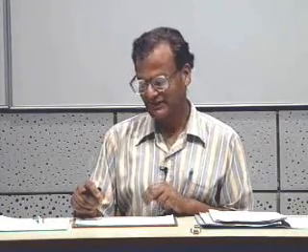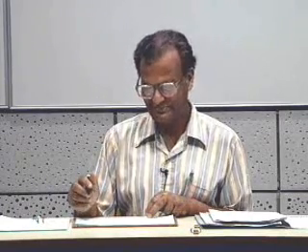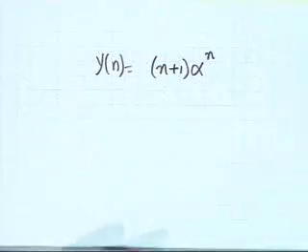If the system is causal, then you remember the definition. If x1 of t equals x2 of t for t less than or equal to t0, then y1 of t equals y2 of t for t less than or equal to t0. I would leave you pondering over this question. Should we include a u of n or not?